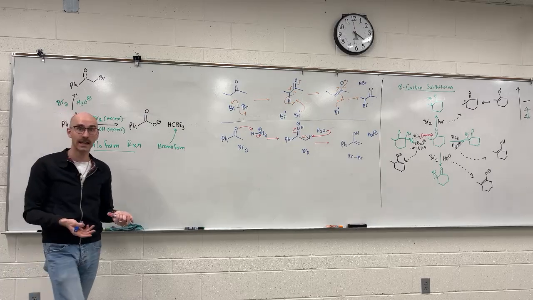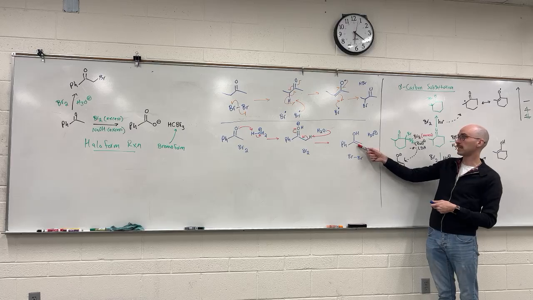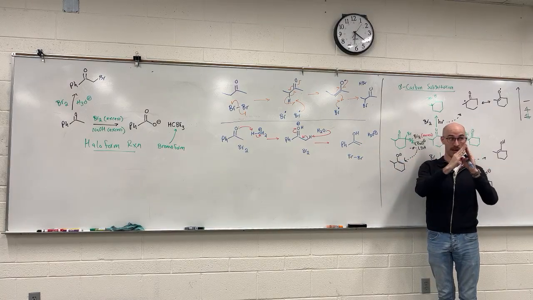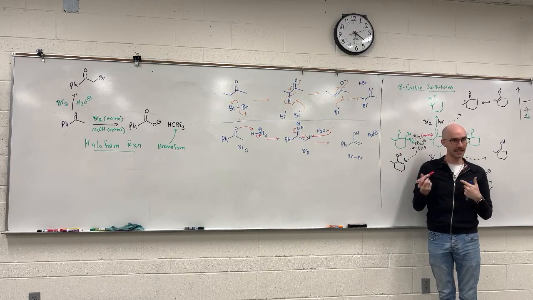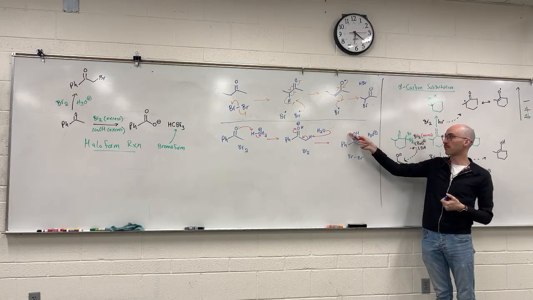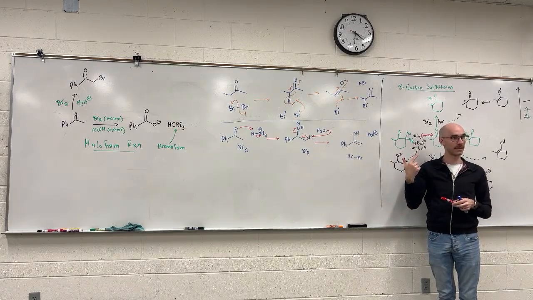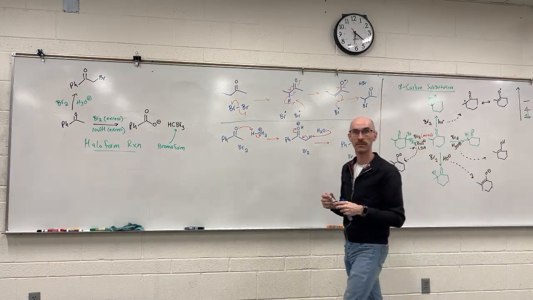Actually, what we saw in OChem 1 was an alkene attack Br2 and make a bromonium ring. But this is not just an alkene, is it? This is an enol. The alcohol is in resonance with the alkene, so it's not going to behave just like an alkene would.